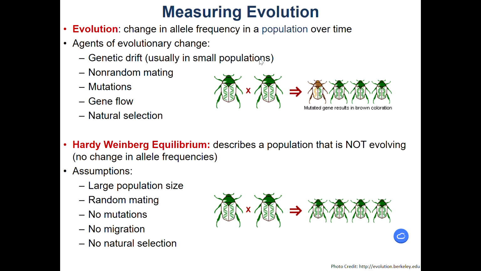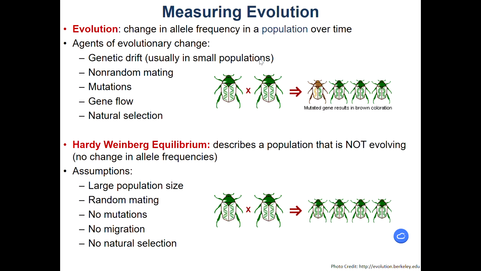There are agents of evolutionary change, and we will talk about them on Thursday. This includes genetic drift, non-random mating, mutations, gene flow, and natural selection. So any of these things can be acting on a population, and it could be changing their allele frequency.